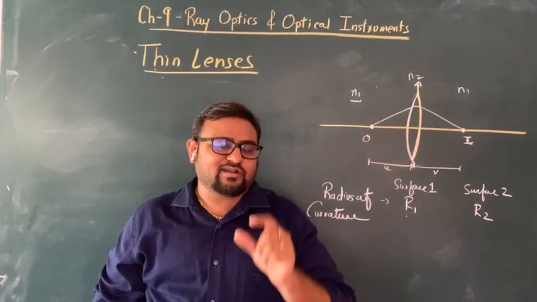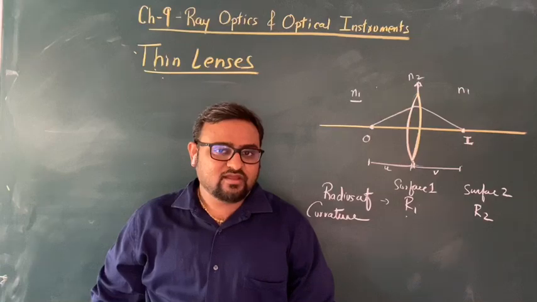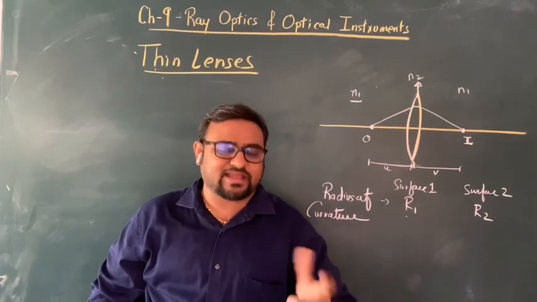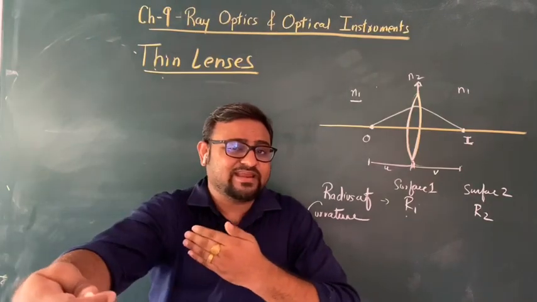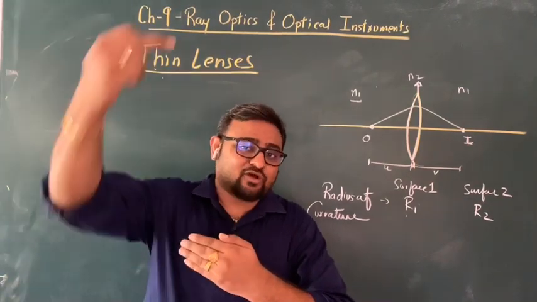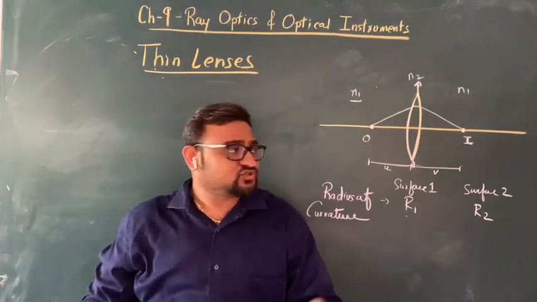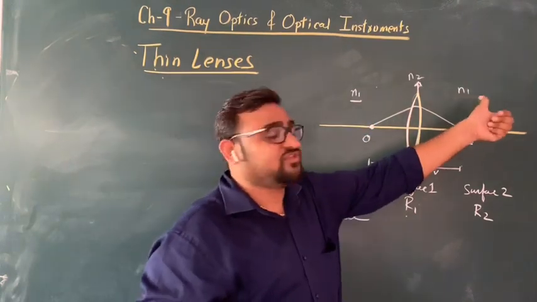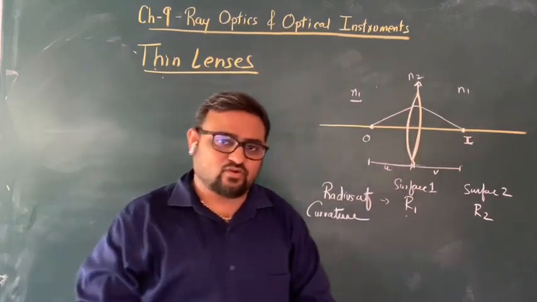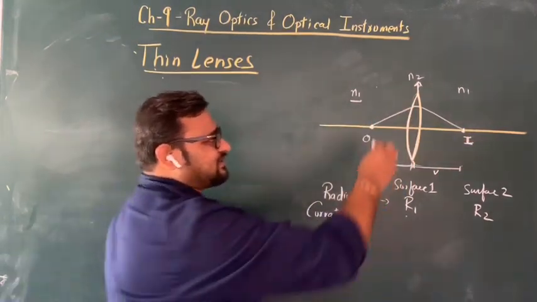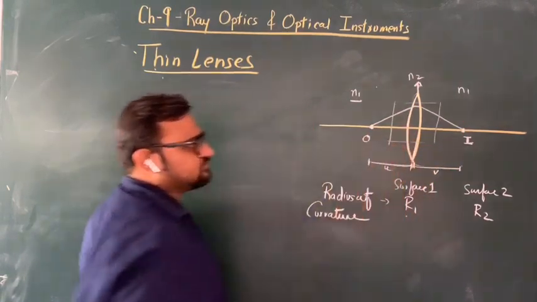But if you take the example of an eye lens, the lens we use as a contact lens, then on one side the medium is air and on the other side the medium is the eye, so N1 and here it will be N3. But in this case, let's take it as N1. Now let's take a magnified image of this portion.